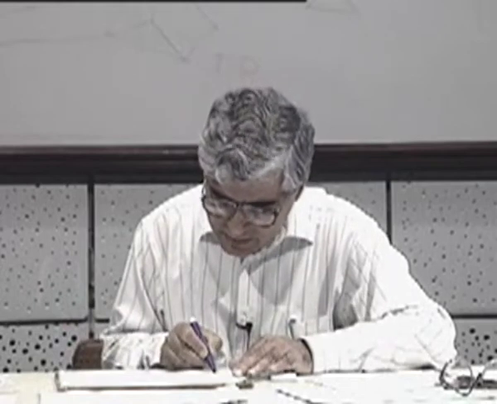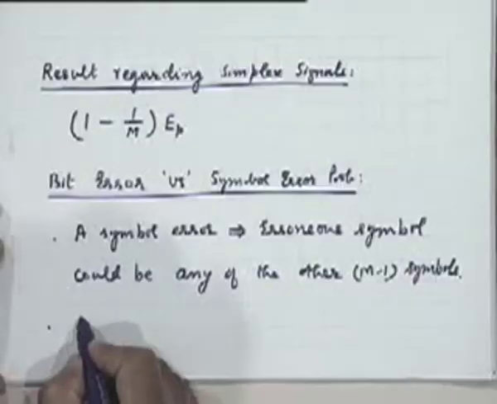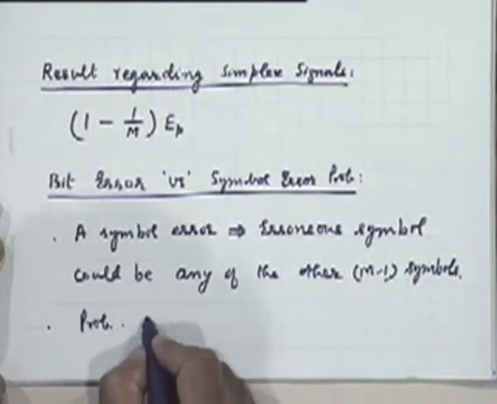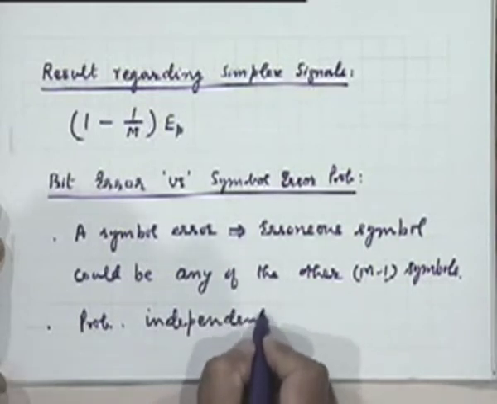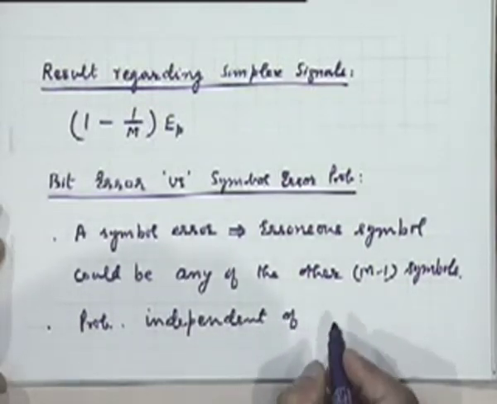Assuming also that the a priori probabilities are the same, all symbols have equal a priori probabilities, right? Therefore, the second point to appreciate is that this probability is independent of the particular symbol transmitted.